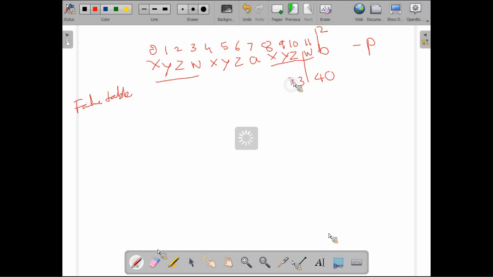Then it becomes 2. Then it becomes 1. Now I am at X. X is done. That means I get 1. And now I am at A, so nothing, 0. I am at Z.